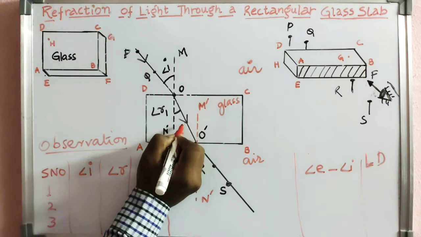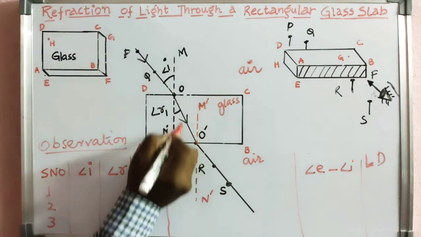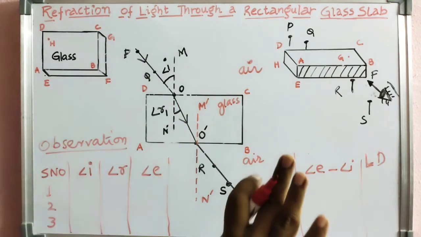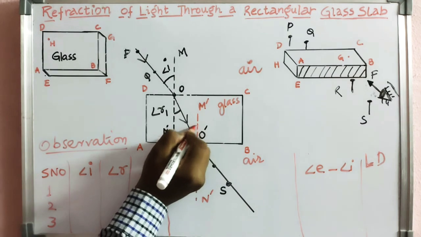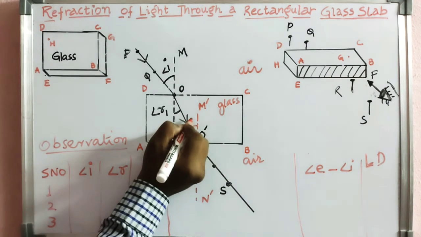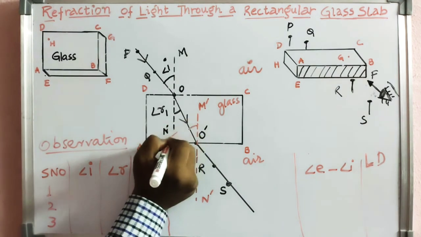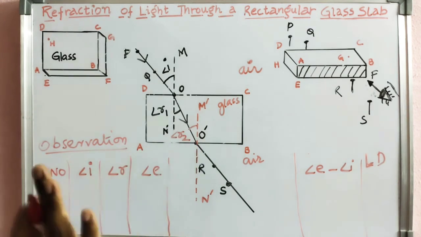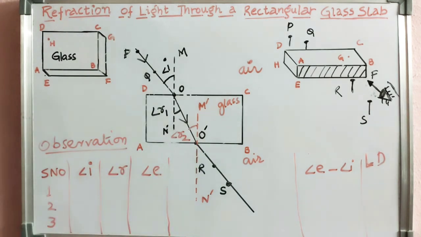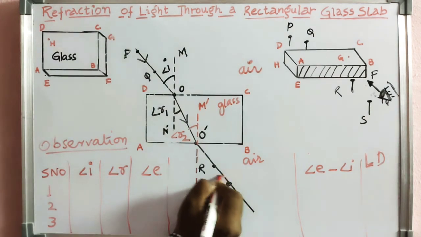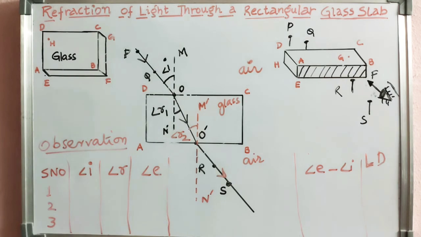Now, for this point O dash, there is an incident ray, correct? And the angle made with the normal at the point of incidence O dash, let me call that angle R2. Now, what is the refracted ray here? This is my refracted ray. Why? It is moving from glass to air.